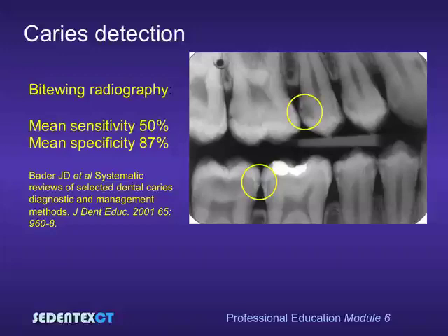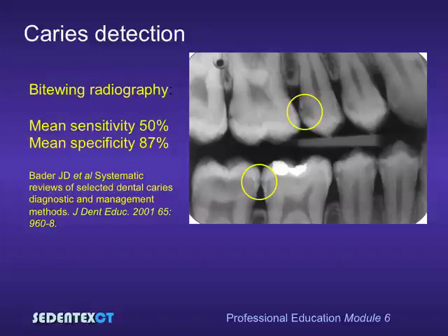In other words, that bite wing radiographs pick up about half of the carious lesions that may be present. The mean specificity was 87%, suggesting that sometimes we have false positive diagnoses of dental caries. So conventional radiography has its limitations in diagnosis of caries.